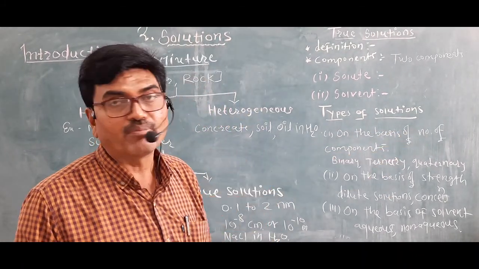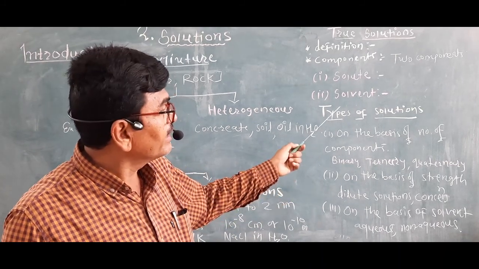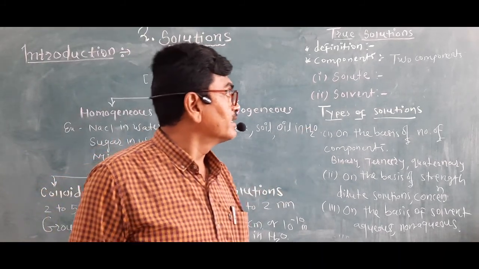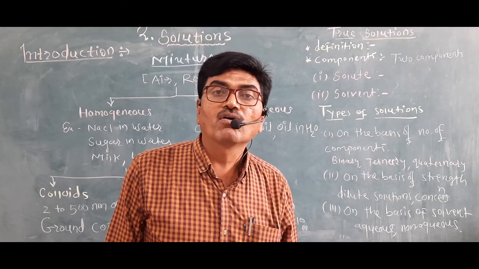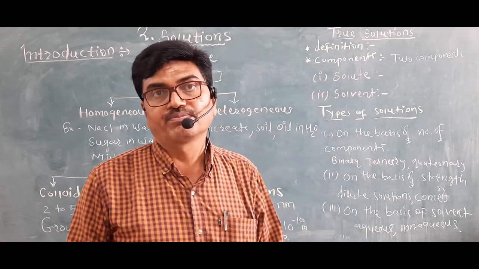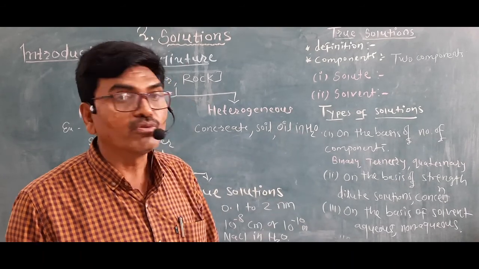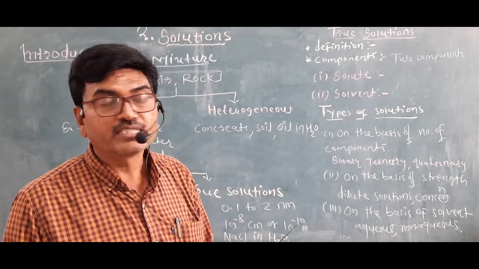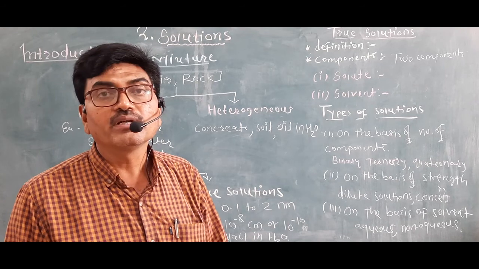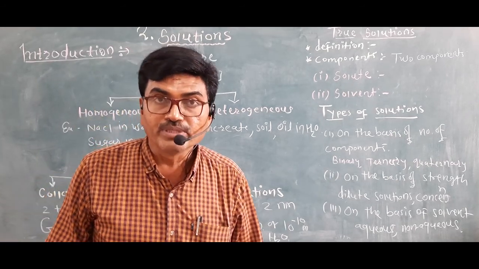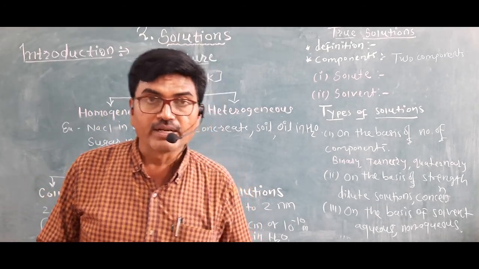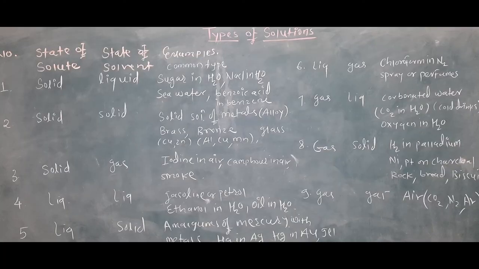Or the solvent also, see. And accordingly, based on the physical state, solutions are of total 9 types. See, solutions are of total 9 types and we have to learn them here. So the classification or types of solution based on the physical state are of 9 types. So we will see.